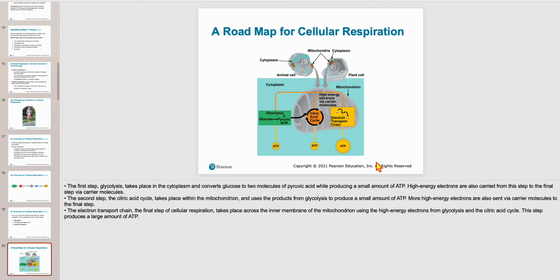The math comes this way: 32 ATPs from the electron transport chain, another 2 from here, that makes it 34, and another 2 from glycolysis makes it 36. So if the process works a certain way, you'll get up to a total of 36 ATPs. But most of it is coming from the electron transport chain, 32 ATP.